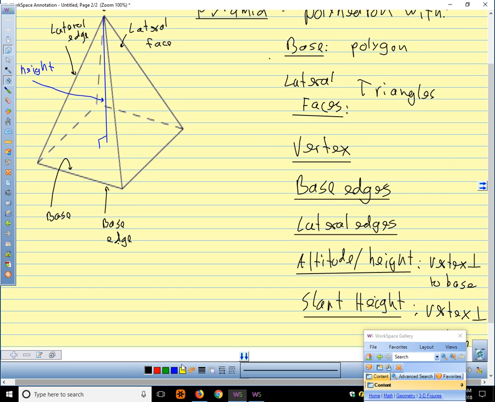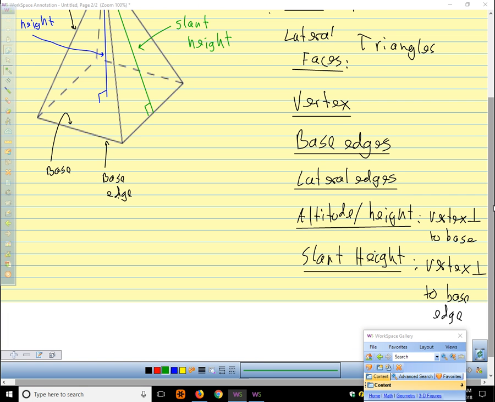So I'll draw that in green, that would be my slant height. And we go perpendicular to the base edge. And the slant height is going to be important for finding the surface area.